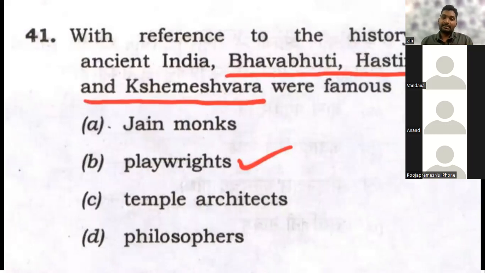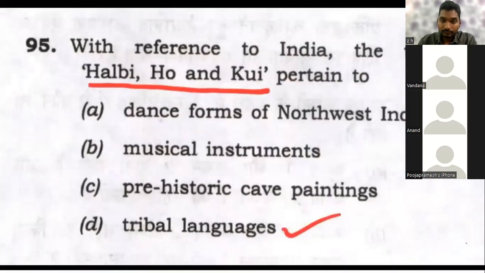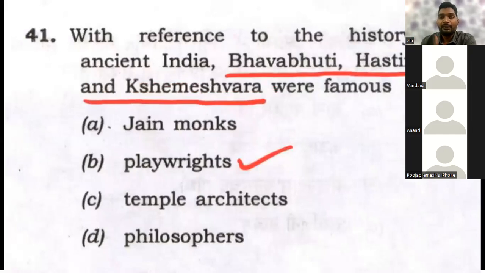Then you'll end up wasting time because you are giving an equal amount of time to this question in the first round itself and in the second round as well. So skip this altogether if you have no idea about Bhavabhuti or the other terms, and move on to the next question. If you know about Bhavabhuti or if you have heard about it, you can certainly go ahead and read the entire question and think about the correct answer. So you'll be able to attempt very few questions in the first round.